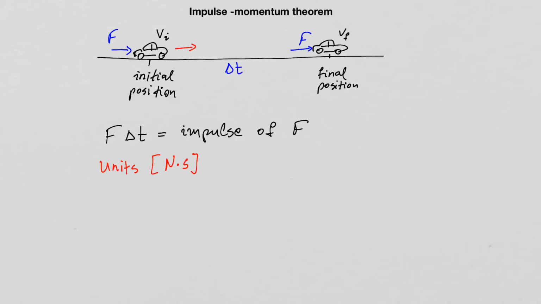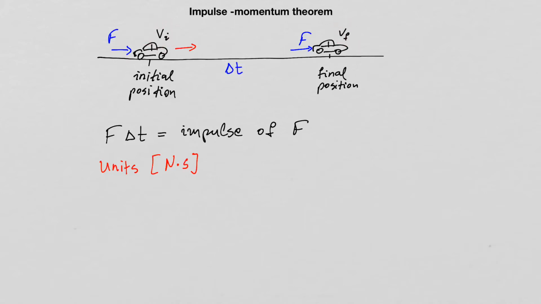And so the action of this force F for that amount of time delta t is the impulse of that force. And this impulse leads to a change in momentum for this moving car from its initial to its final value.